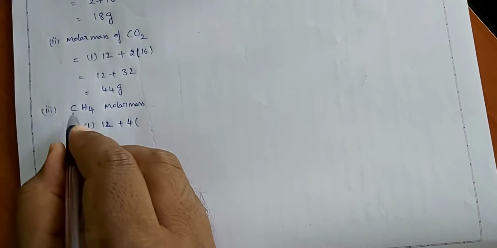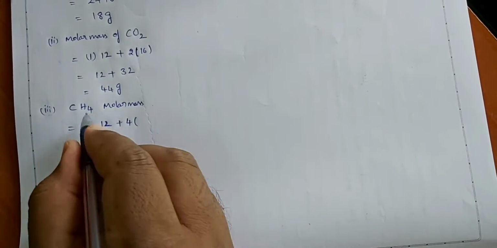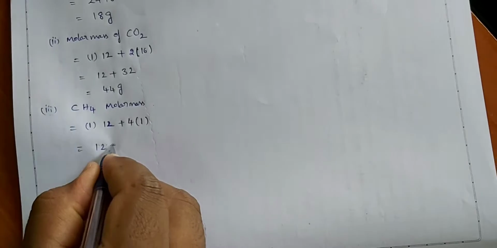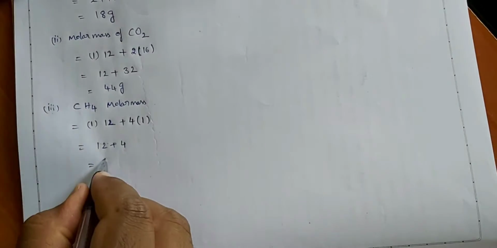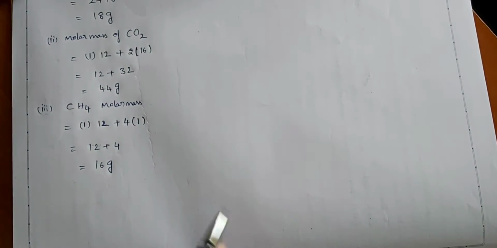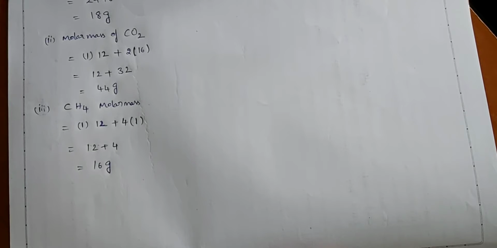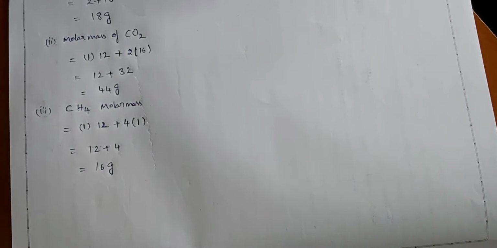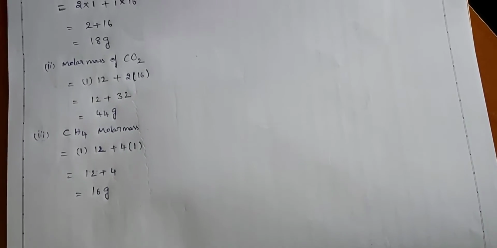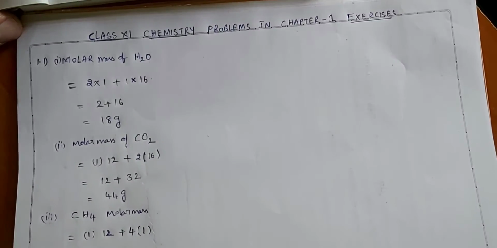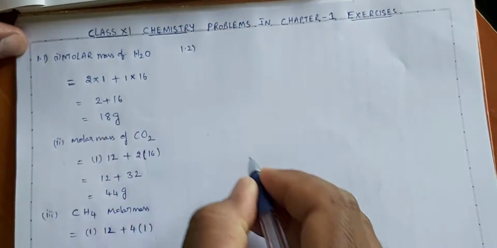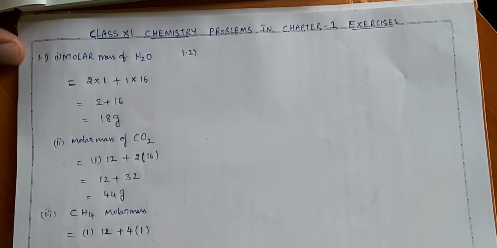Plus 4 hydrogens, 4 into gram atomic weight of hydrogen, which is 1, is equal to 12 plus 4, which is 16 grams. This is the gram molecular weight or molar mass of CH4. Okay, ma? This is the solution for 1.1.